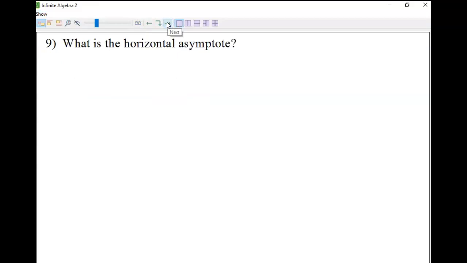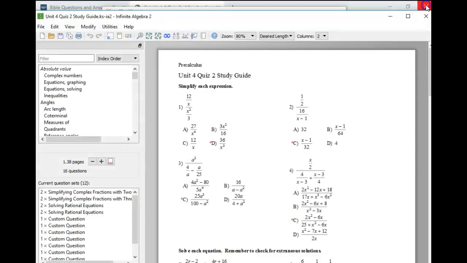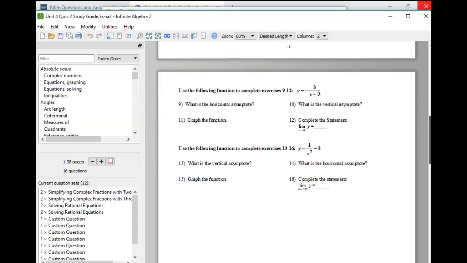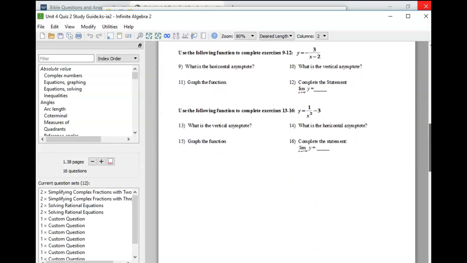So here's our next problem. I'm going to need to get out of this view to find out what our question is though. Just a second. So for number 9, let me zoom in here a little bit.